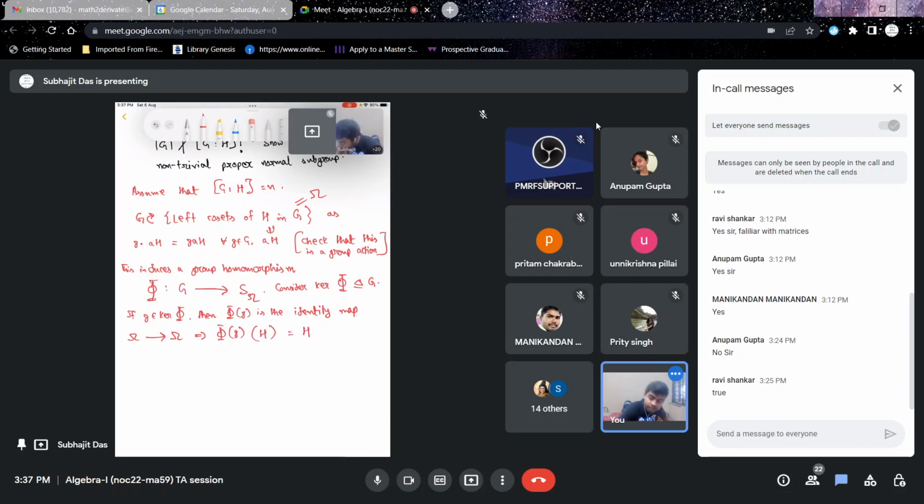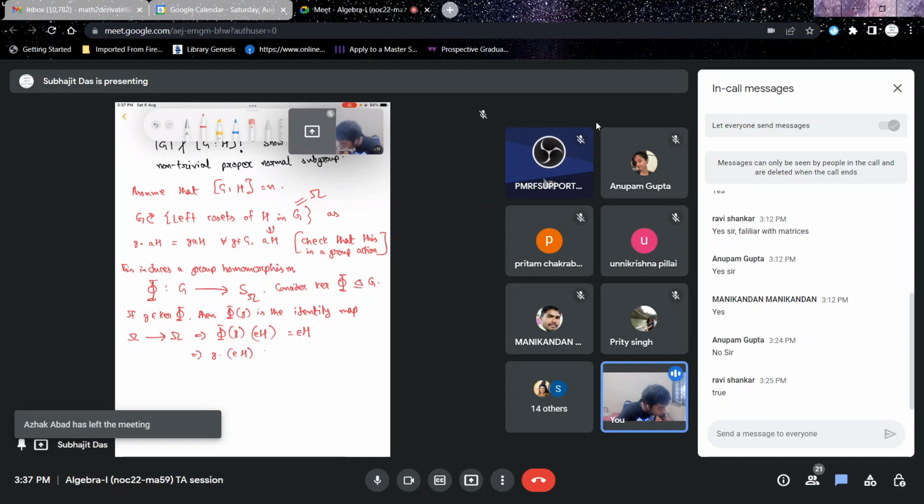Just to make it clear, I am writing EH here, the coset containing the identity. So phi of G is EH. What is the definition of the map phi, the group homomorphism of the permutation representation? It is precisely the map induced by the action. So phi of G of EH means G dot EH.